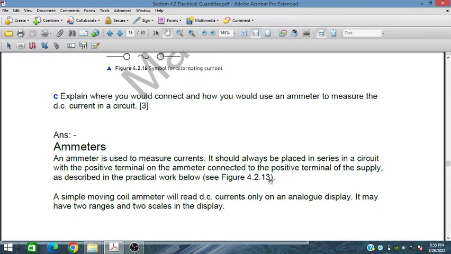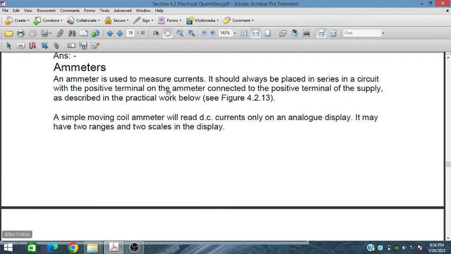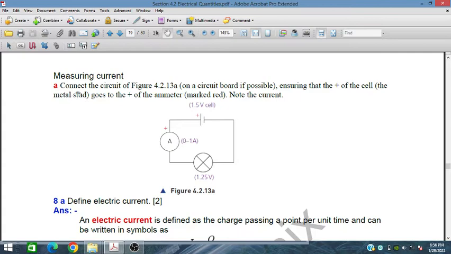See figure 4.213 below. A simple magnetic moving coil ammeter will read DC current only on an analog display. It may have 2 ranges and 2 scales in the display like this. So we have this measuring current.